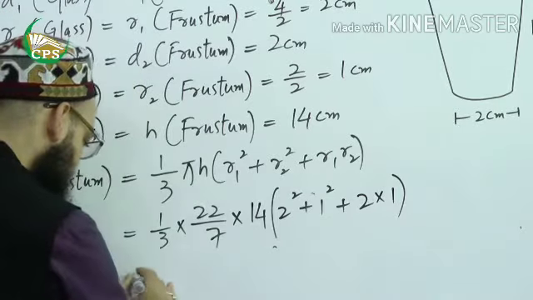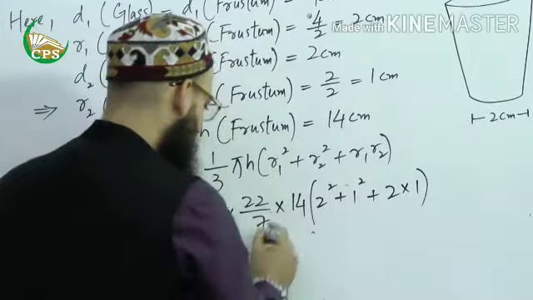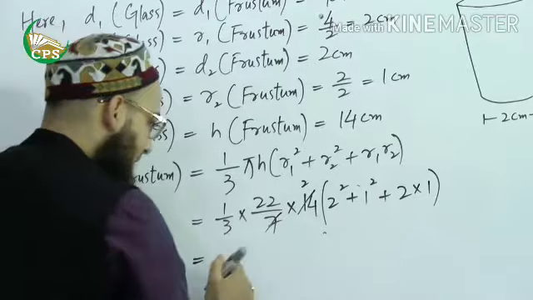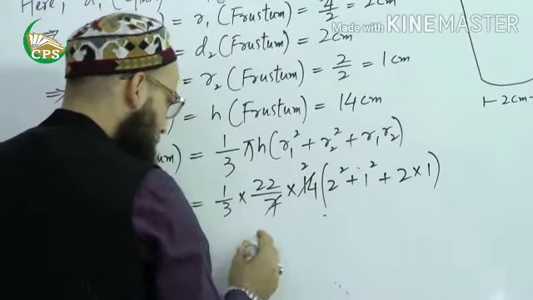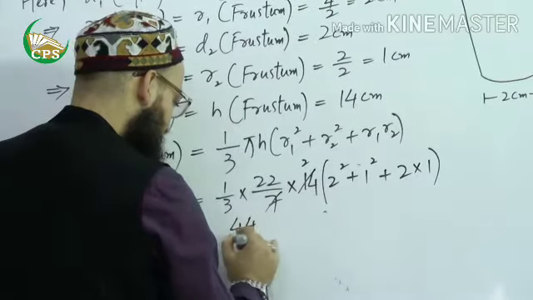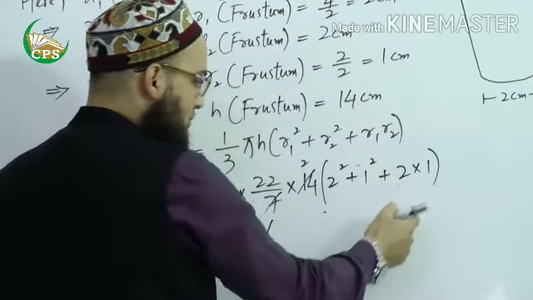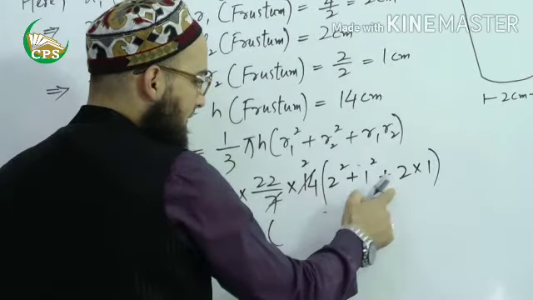Going further, now we can solve this: 7 ones, 7 twos, 14. So we have 22 times 2, that is 44, divided by 3. Then in brackets we have 2 twos 4, plus 1, plus 2 ones 2, so 4, 5, 6, 7.